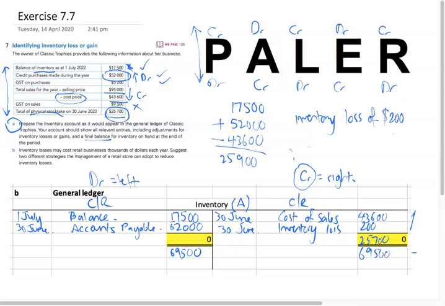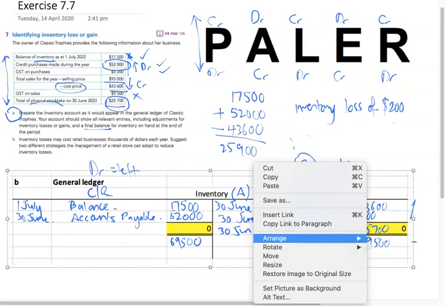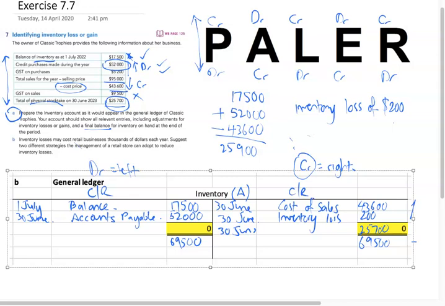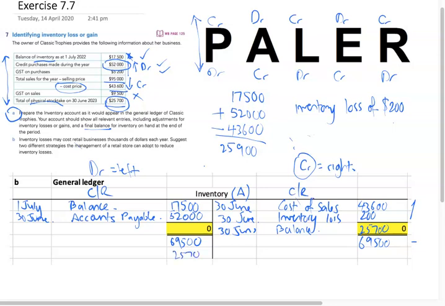So on the 30th of June, we have done a balance. And if we've done a credit, we need to obviously do a debit here. This is our $25,700 here on the 1st of the next month.